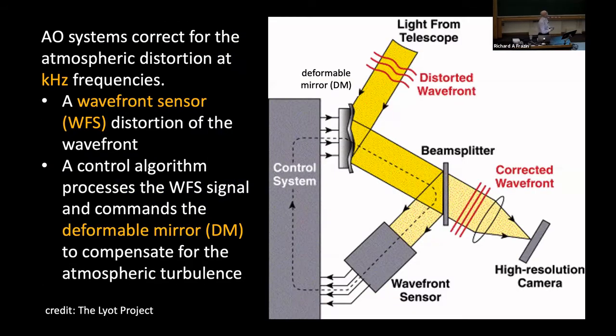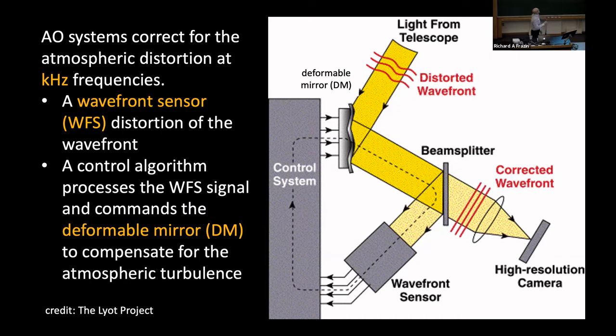So a little bit more into how adaptive optics works. In the diagram here, before the light gets into the telescope, it's been distorted by the atmosphere, and the atmosphere is just creating different time delays for a given wavefront. And so that's represented here. And then the light goes through the telescope's reducing optics, and then you get a beam that's maybe a centimeter in diameter.